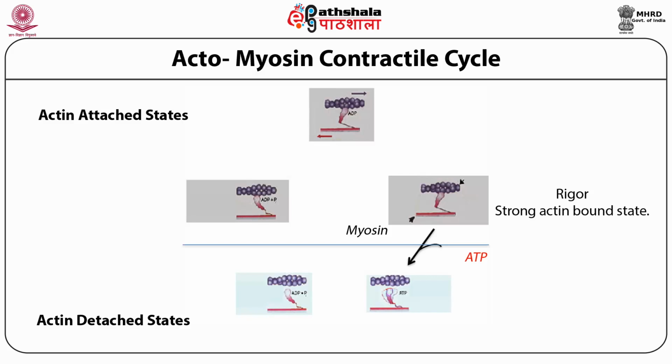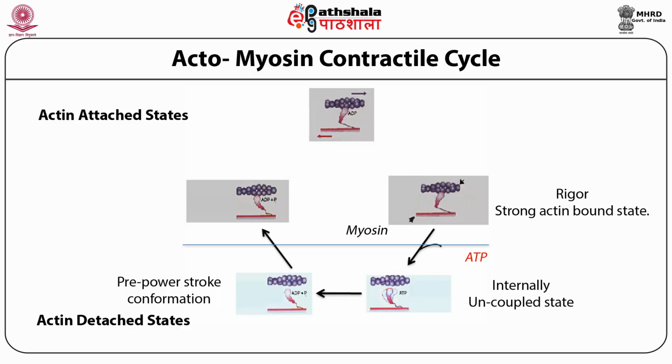This moves the myosin into an internally uncoupled state. Once the ATP is hydrolyzed, it moves to the pre-powerstroke conformation. The pre-powerstroke conformation can now bind to actin. It slowly binds to actin, which causes the phosphate release and the powerstroke.